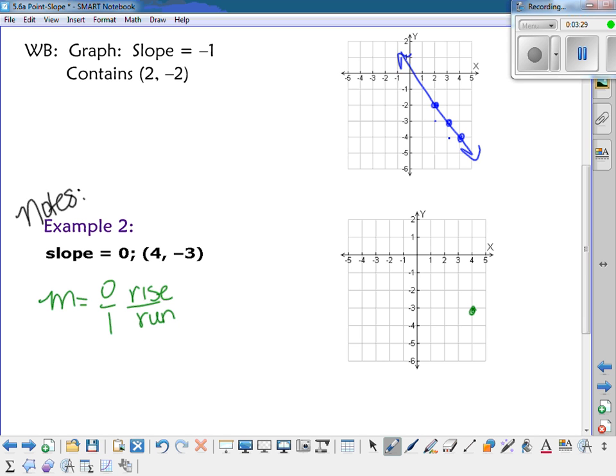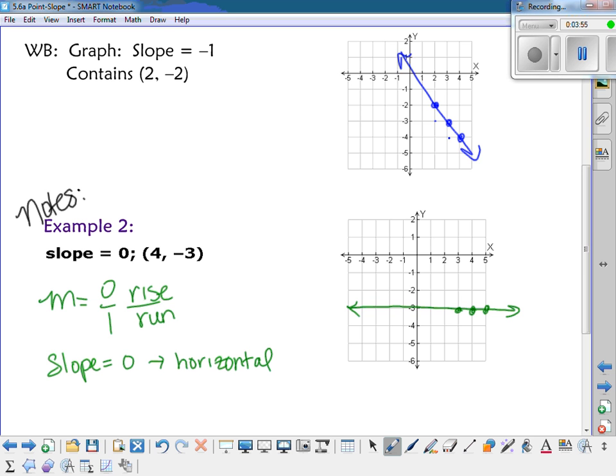I'm just going to go to the right one. And I can go backwards 1 also if I want to have 3 points. And so this ends up being a horizontal line, which you may recall when the slope is equal to 0, it's not undefined, it's horizontal. Horizontal means the slope is 0.